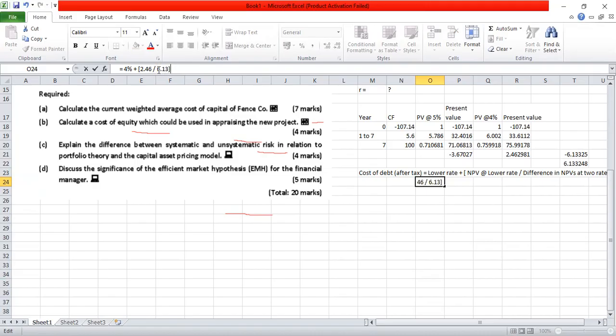Then we have the entire thing into the difference in the rates, that is 5% minus 4%. Just calculate that and tell me what is the value, which is equal to 4% plus 2.46 divided by 6.13.